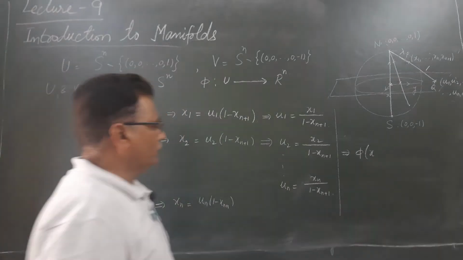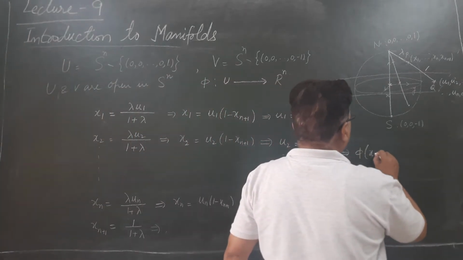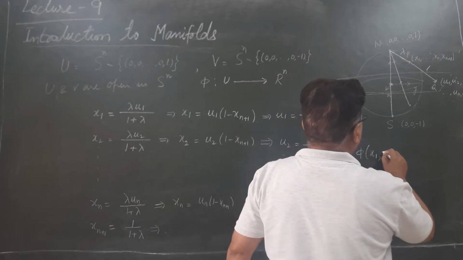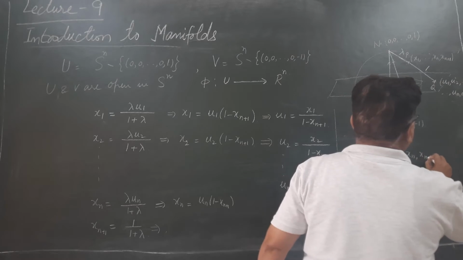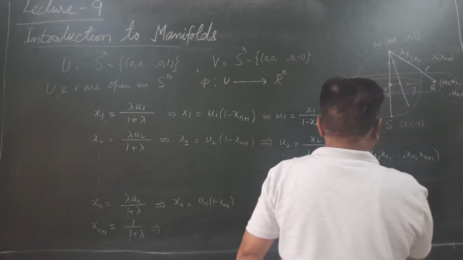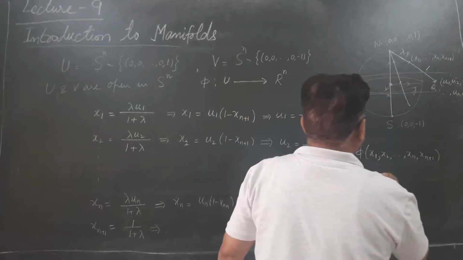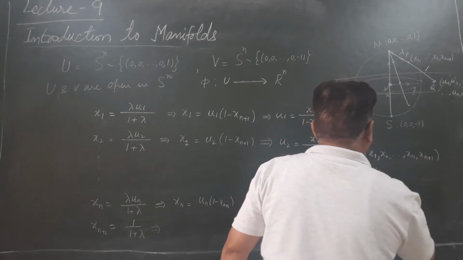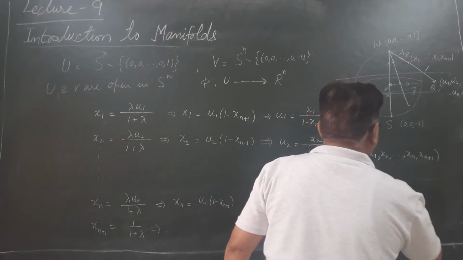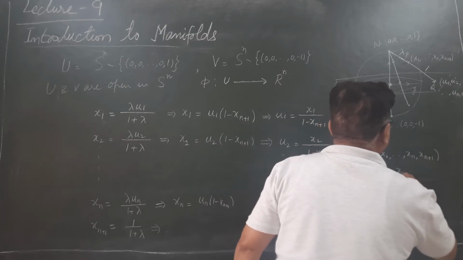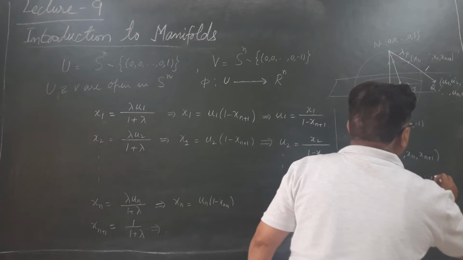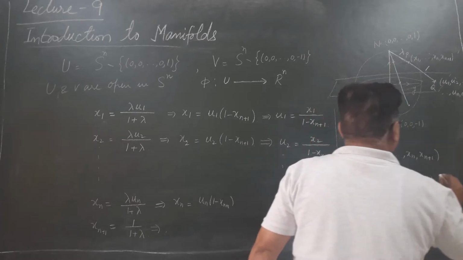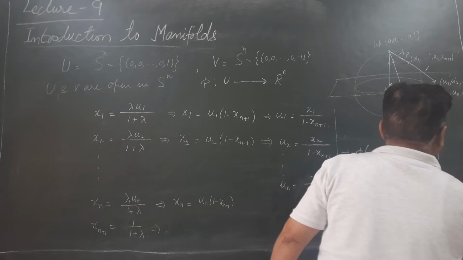So this map phi is defined as (x1, x2, ..., xn, xn plus 1) going to (x1 upon 1 minus xn plus 1, x2 upon 1 minus xn plus 1, and lastly un is xn upon 1 minus xn plus 1).